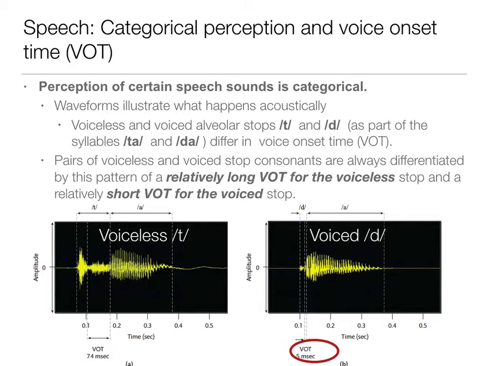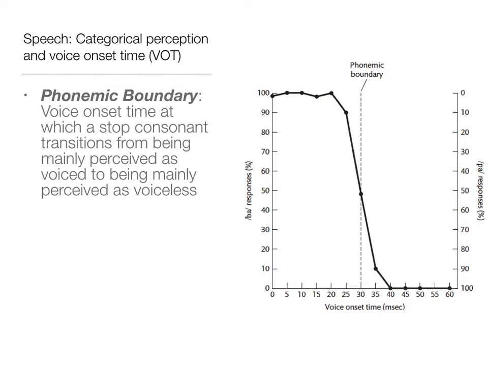This cutoff between the ta and the da is what's called a phonemic boundary. When we were at that 30 milliseconds between the ba and the pa, which is what this graph is showing, that was our phonemic boundary. That voice onset time of 30 milliseconds really is the cutoff, and you can see that in this graph.